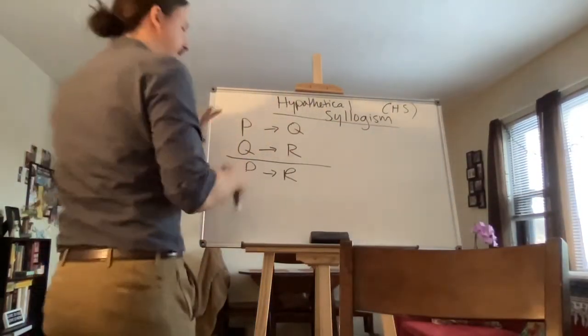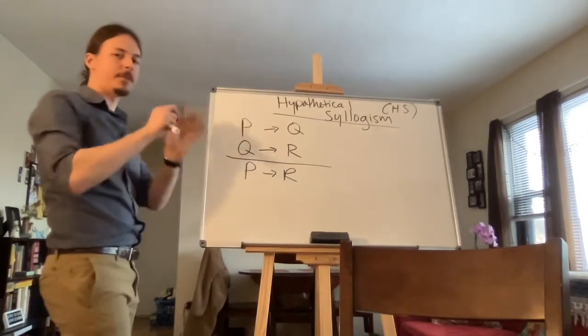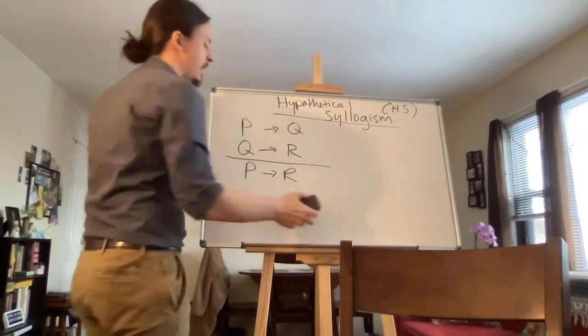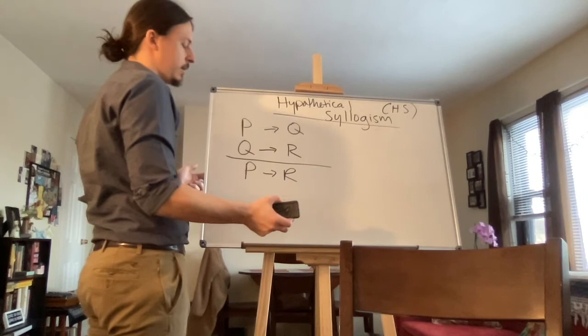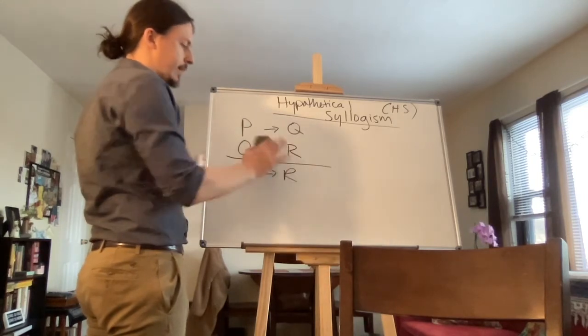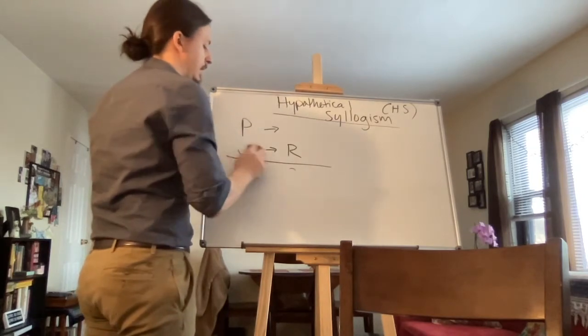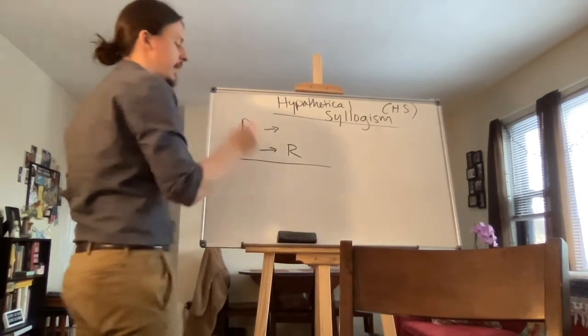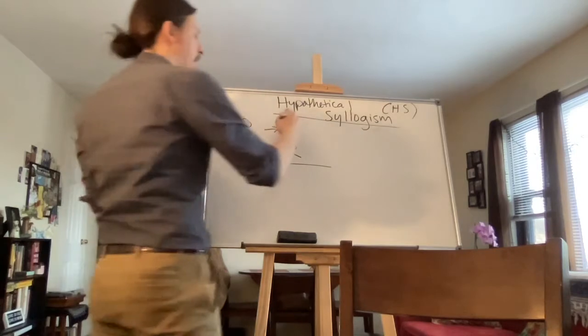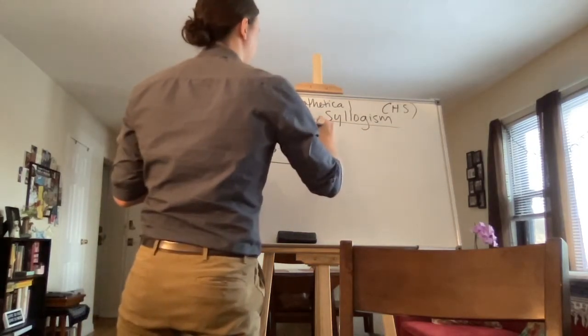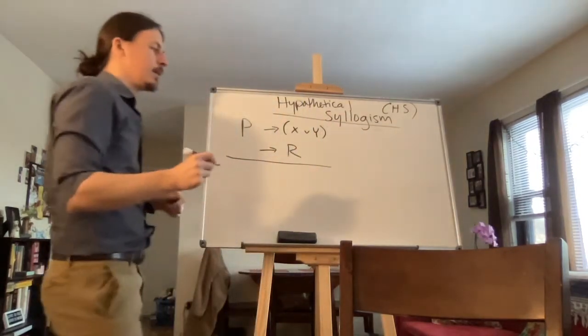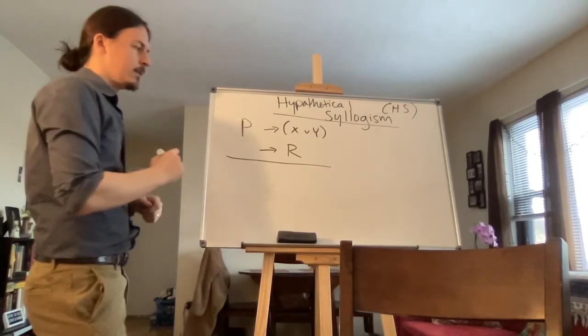And as I was saying, this is the form, but you could play with the specific variables. So if we go back to, let's stick with this. Let's say we make it a little more complicated. We say if P, then either X or Y. You say, okay.